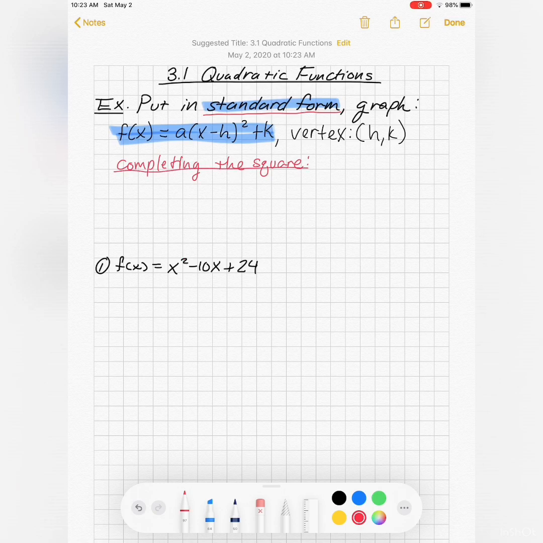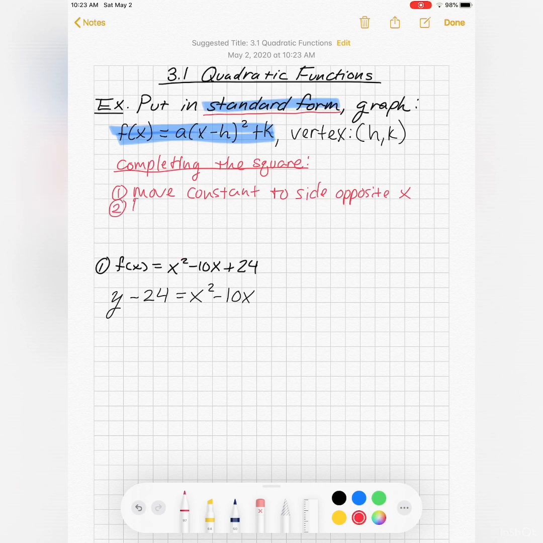Step 1, move the constant to the side opposite the x. The constant is the term that has no variable, so the number there without the variable attached to it. So step 1 is going to be move that to the side opposite the x. So I'm going to have y minus 24. So it looks like that, step 1.